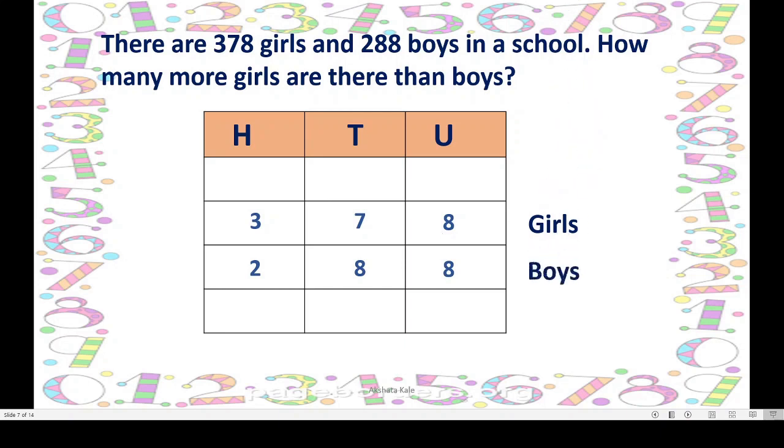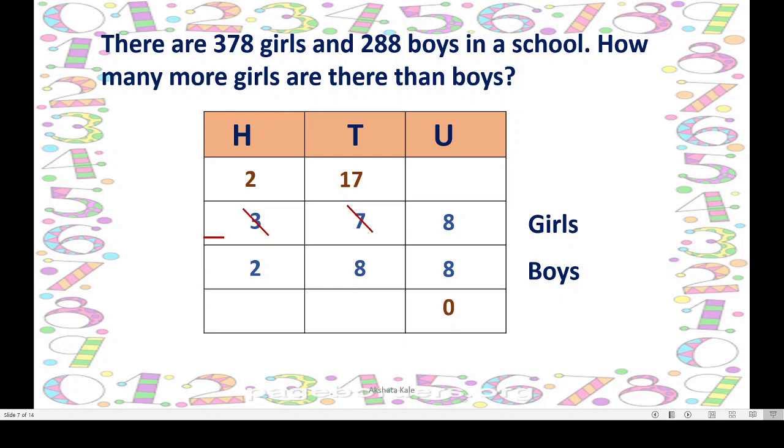We will subtract these numbers from one another. So in the unit place, 8 minus 8, that is 0. In the tens place, 7 minus 8. Not possible. So 7 borrows from 300. So it becomes 17 and 3 becomes 200. Isn't it?